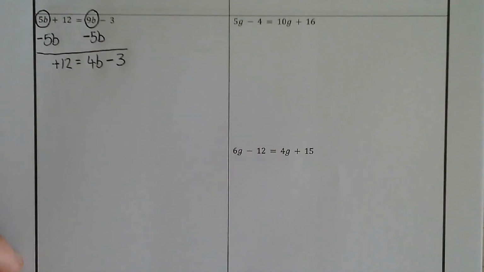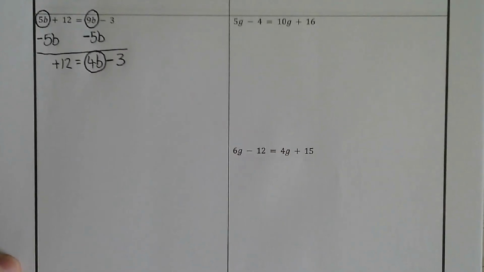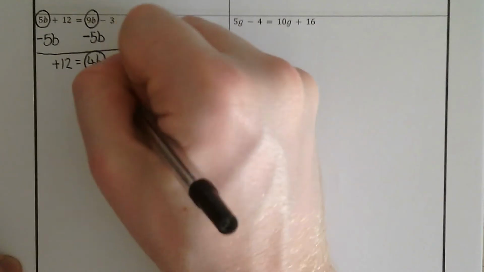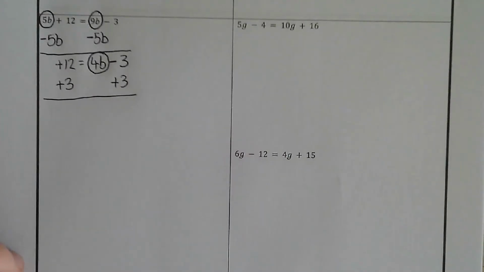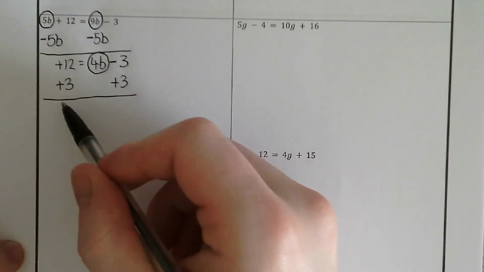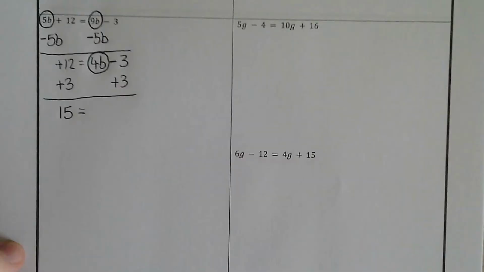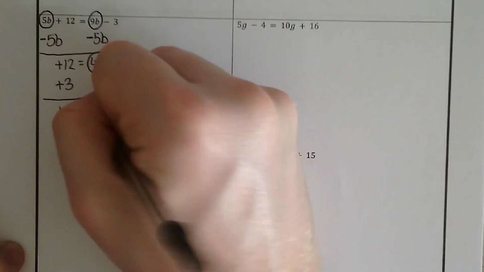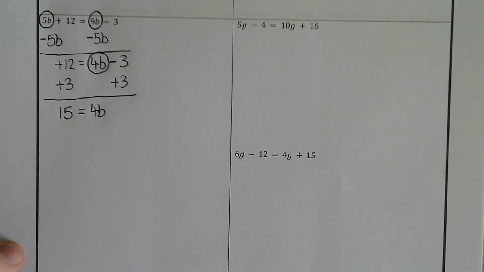Now we need to isolate the term that contains the variable. Well, now that's 4b. So to undo this take away 3, we're going to add 3 to both sides of the equation. 12 add 3 is 15. The equal sign drops down, and the 4b will drop down, with the minus 3 and the plus 3 cancelling each other out.